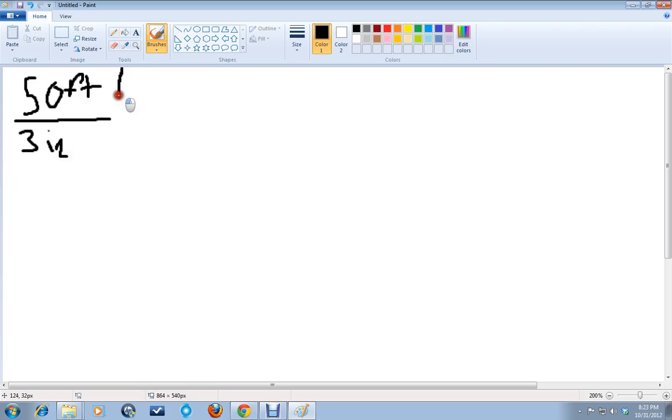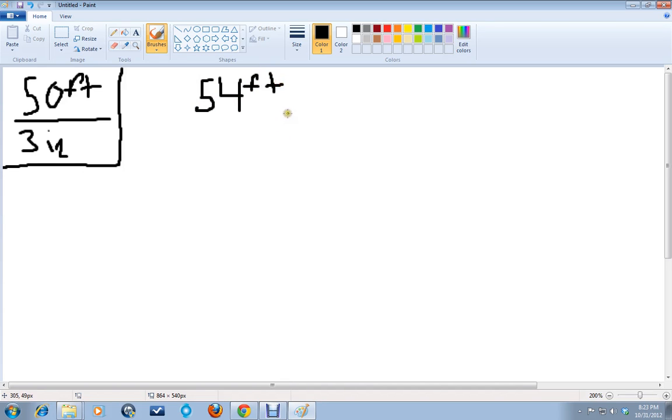Let's just box this in to make sure that we remember this: 50 feet is 3 inches. Let's say that we had a dimension or a side that is 54 feet.